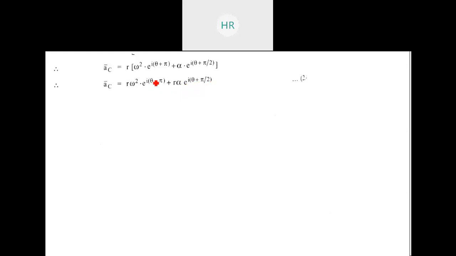Now if you see we are having two terms over here, first and second. If you recall the graphical method for acceleration, we are having two components, radial component and tangential component of acceleration. So these are identical to that.